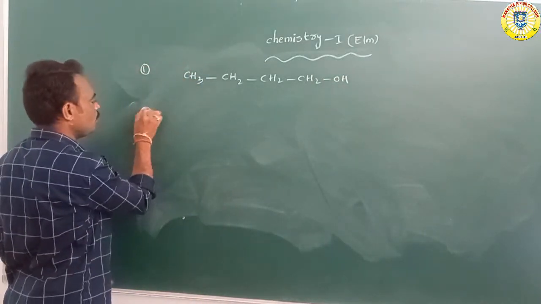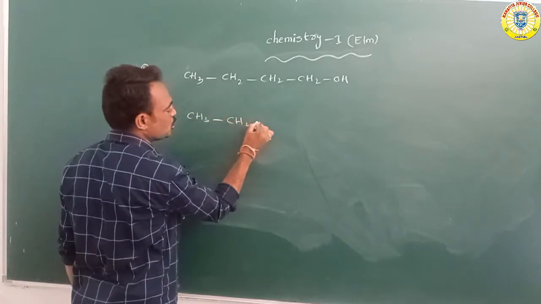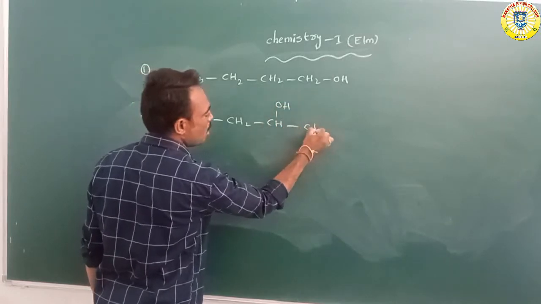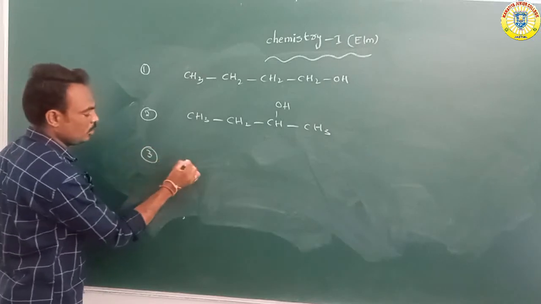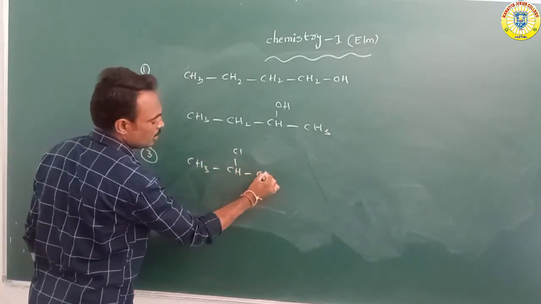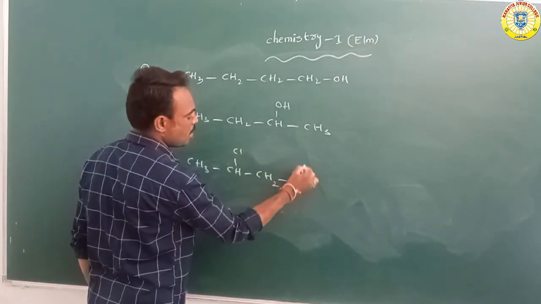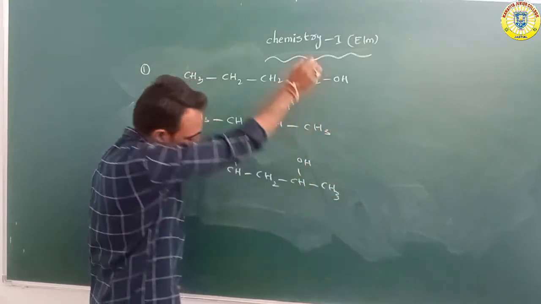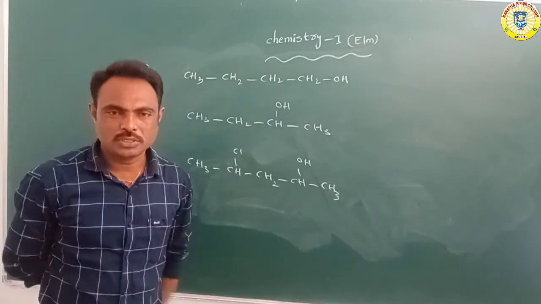Our second example, CH3, CH2, CH, OH, CH3. Third example, CH3, CH, Cl, CH2, OH, CH3. So these are all different types of carbon compounds.